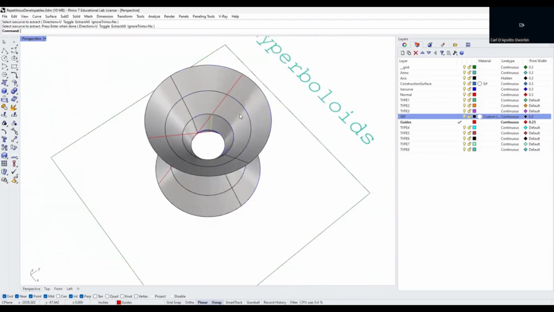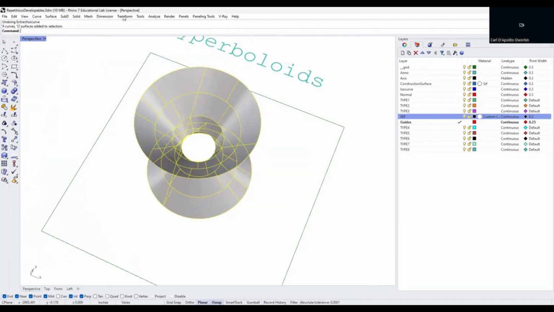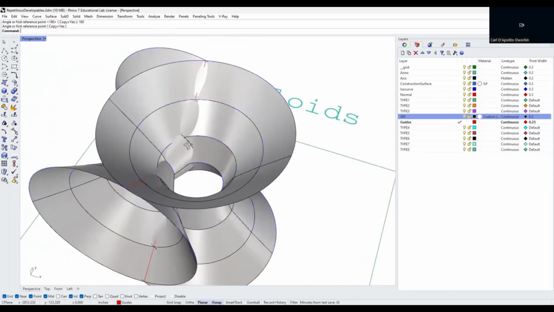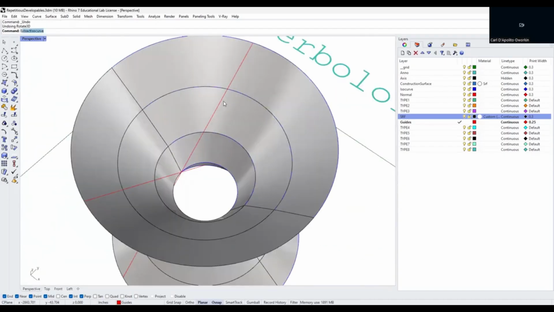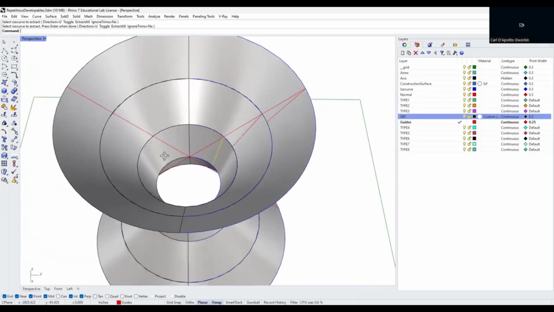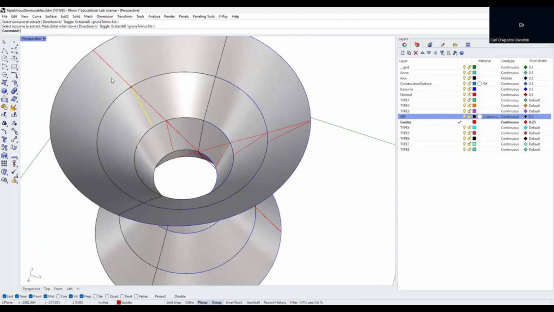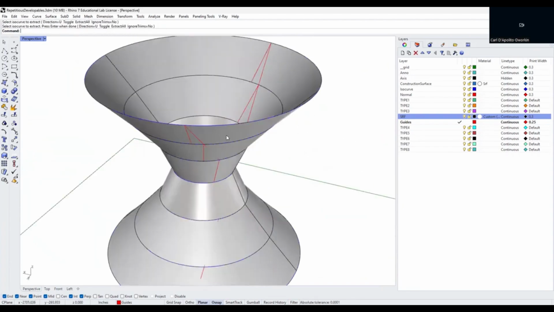extract an isocurve. So if I were to rotate this 180 degrees, they're going to self-intersect like that. What I can do is I can extract isocurves where they do hit.